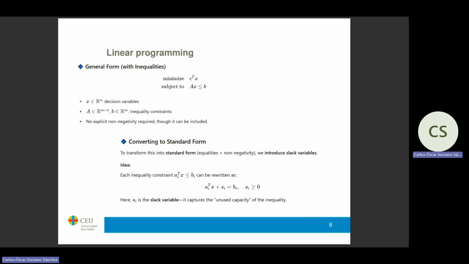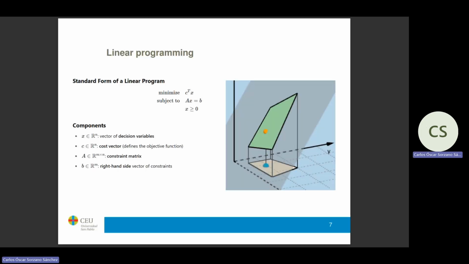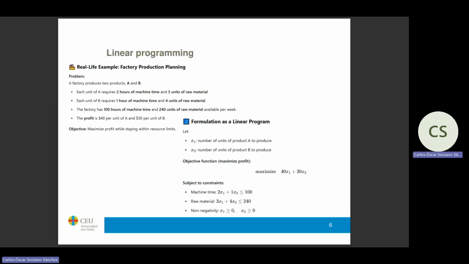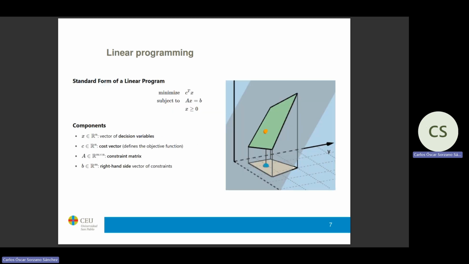So here I am maximizing something. In the general form, it is minimizing, but this is very easily interchangeable because all I have to do is to minimize minus this thing.